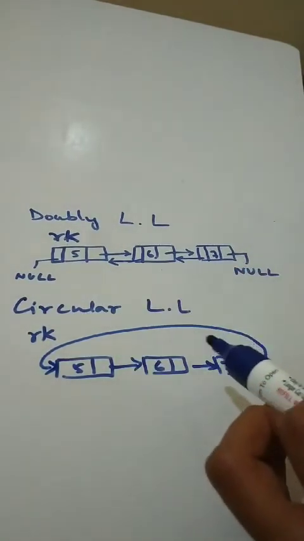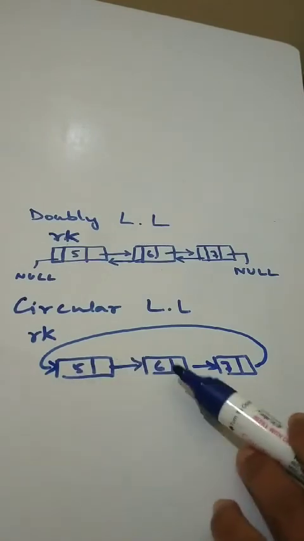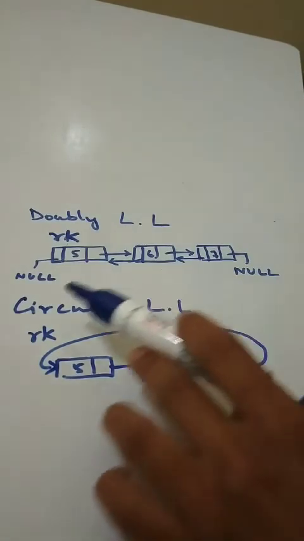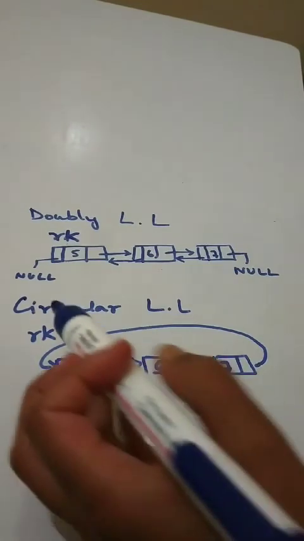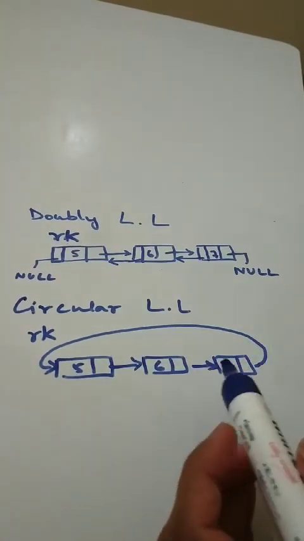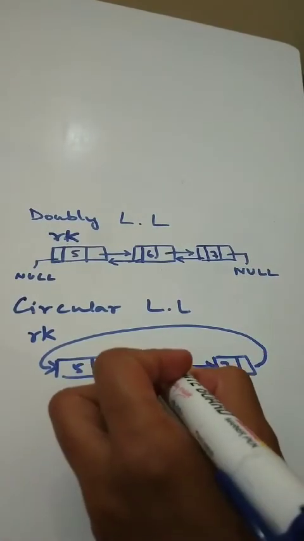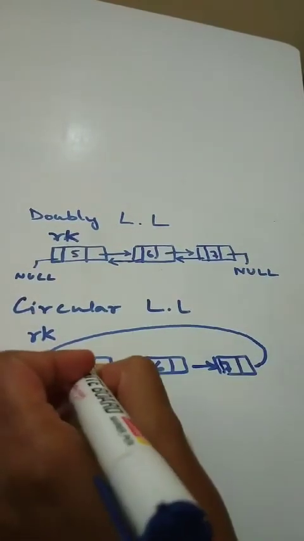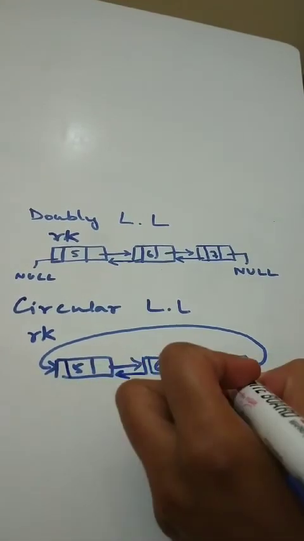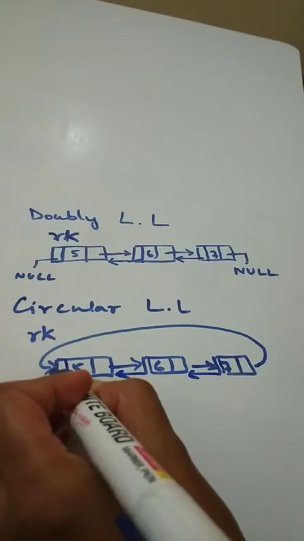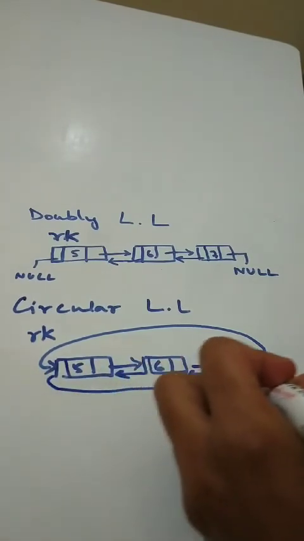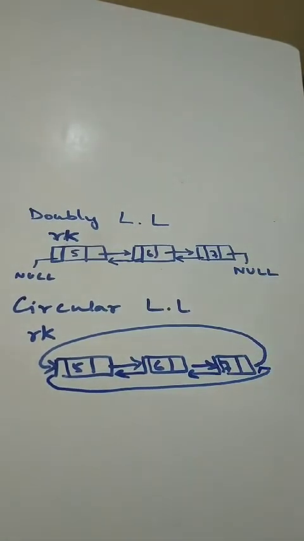So it's circular. From the first node I have the link to all nodes, and even from the last node I have a pointer back to the first node, which leads me to all other nodes. So that's a circular linked list. A circular linked list may be for a singly linked list, and may also be for a doubly linked list. If it's for a doubly linked list, this one will point here.